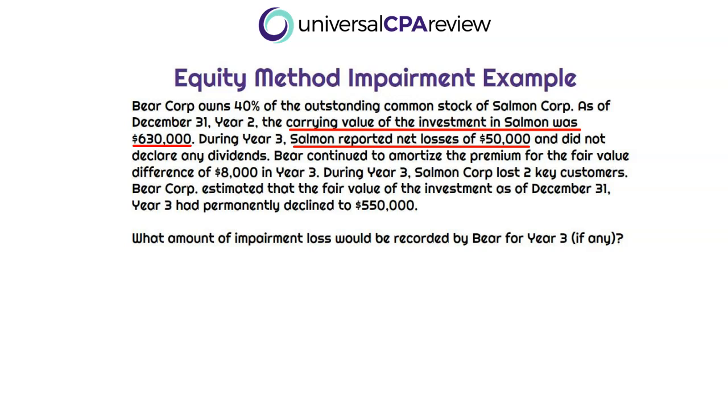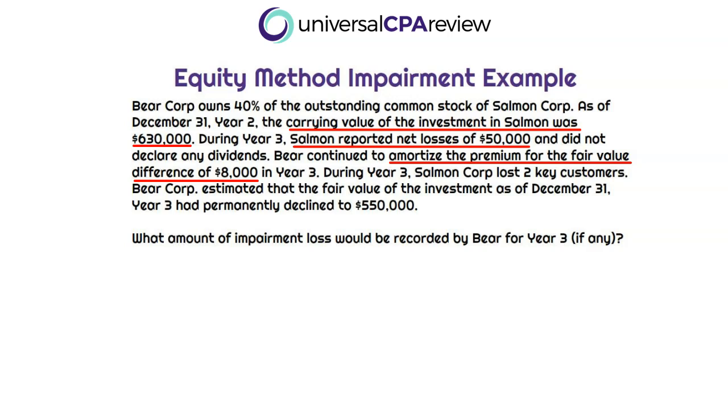So we should be thinking about how that impacts the carrying value of the investment at the end of year 3. Well, we have to take our share of those net losses, so it's going to decrease. And remember, we're still continuing to amortize the premium for that fair value difference, which in year 3 would also be $8,000, and that's going to decrease our carrying value for the end of year 3.